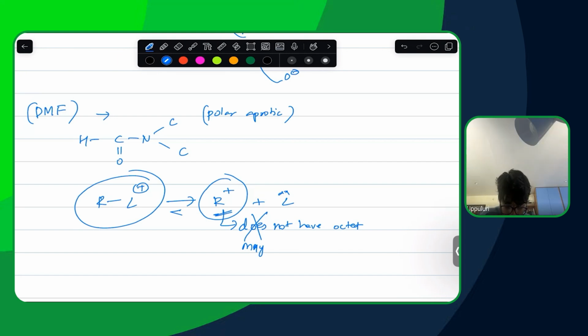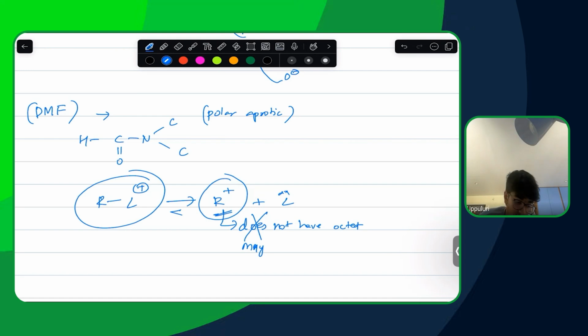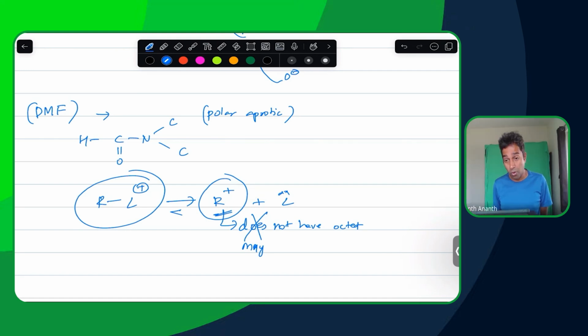Do you understand what I just said, or should I repeat it? No, I got it. So only in those kinds of cases, where the RL plus, because of steric factors, has a problematic location for solvation, will there be a possibility of the forward direction being favoured.